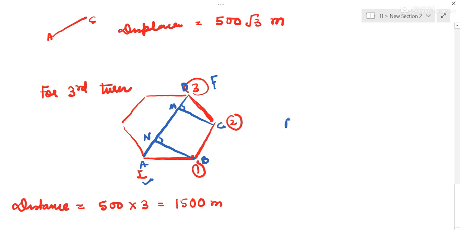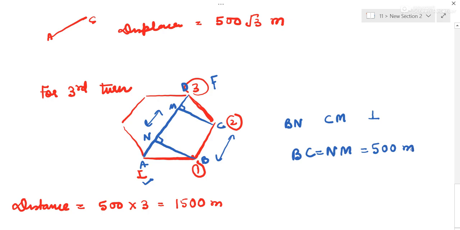Okay, so BN and CM are altitudes. They are perpendiculars. Okay, so we should find out. Now see, BC will be equal to NM, and BC is equal to 500. Each side of the hexagon is 500 meter because the biker is traveling for 500 and then he is taking a left turn every time.